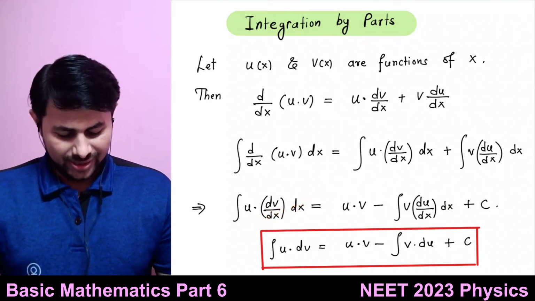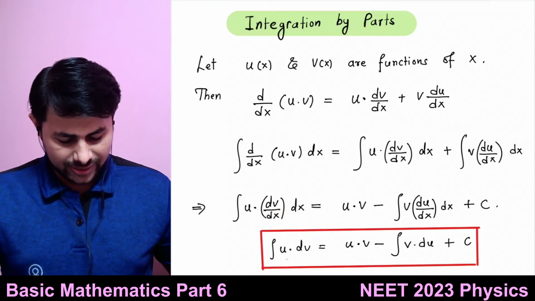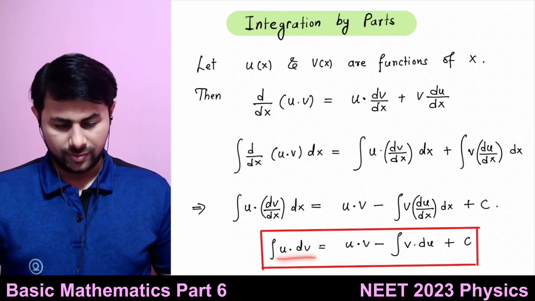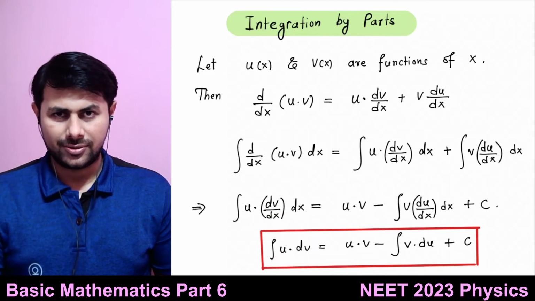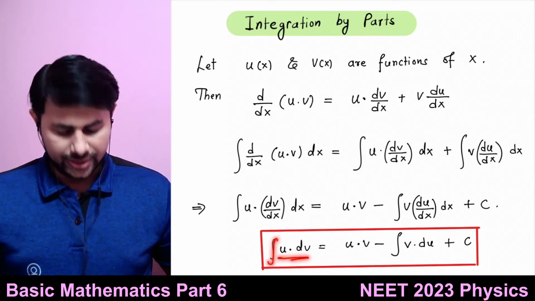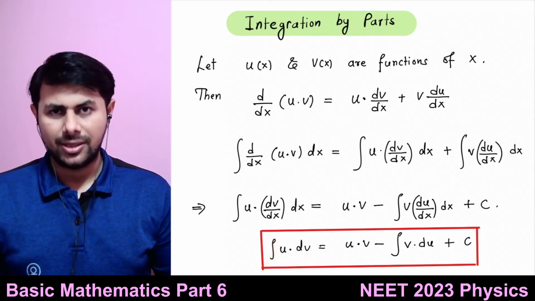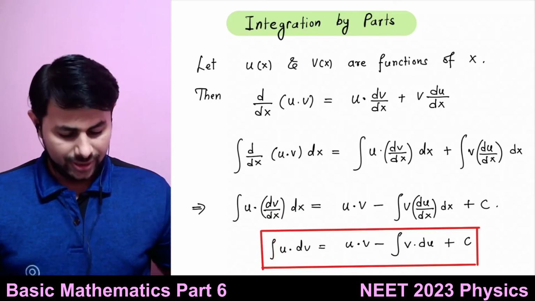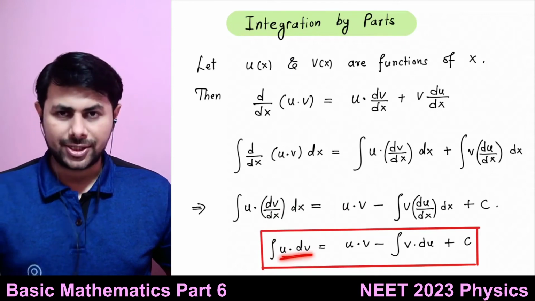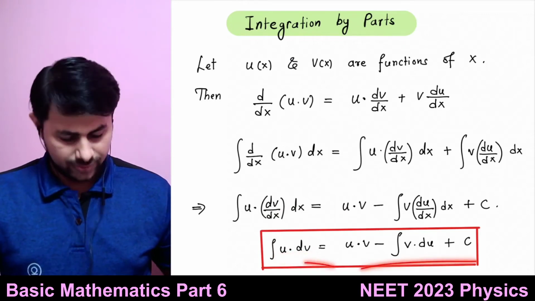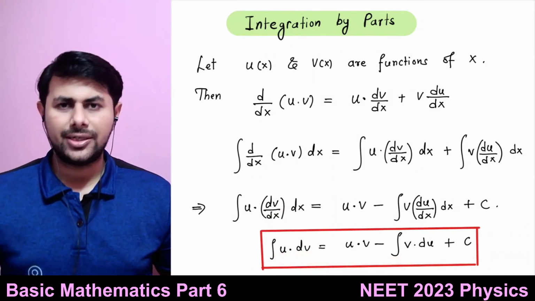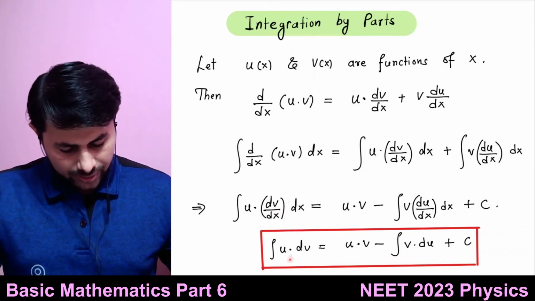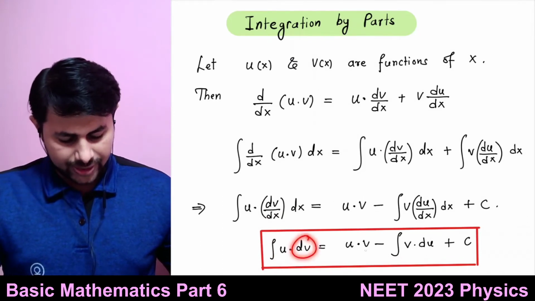Without going into more details, we can say dx cancelled. So what I have got is, I want to integrate this thing, u dv. I have one function and the derivative of some other function, and I want to integrate that. So what is its integration? I got this rule, the rule for integration by parts. So I will integrate this second function.